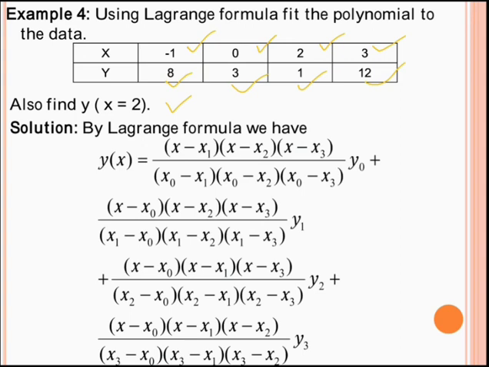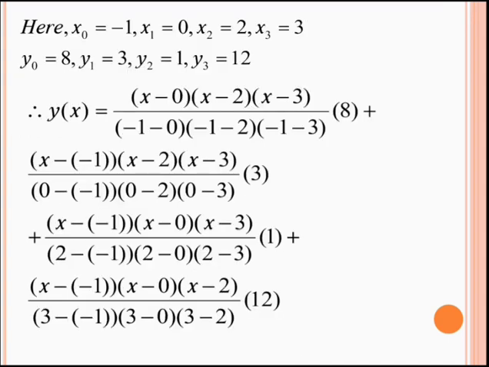So here we have up to y3. Now first I will write the Lagrange formula which we have just studied. These are the values of x0 to x3 and y0 to y3. I will keep x as it is and substitute all the values over here.